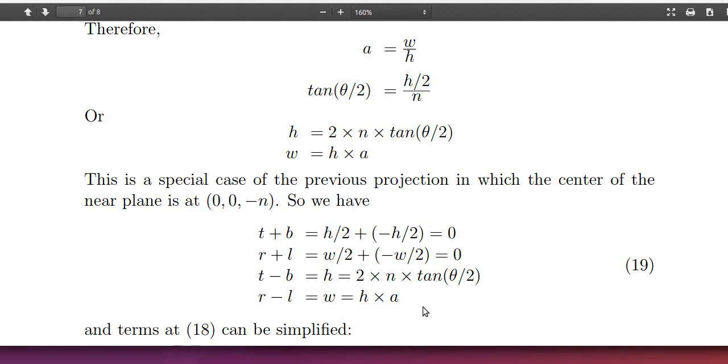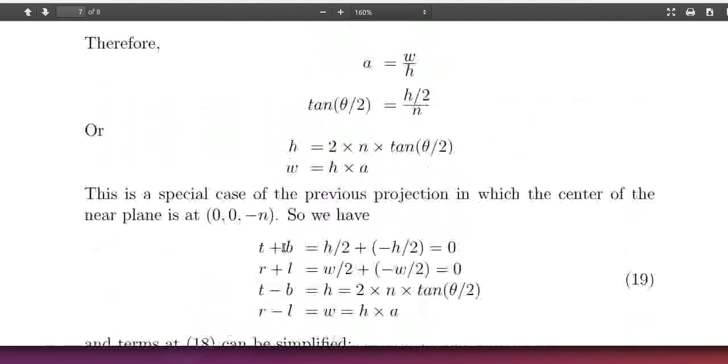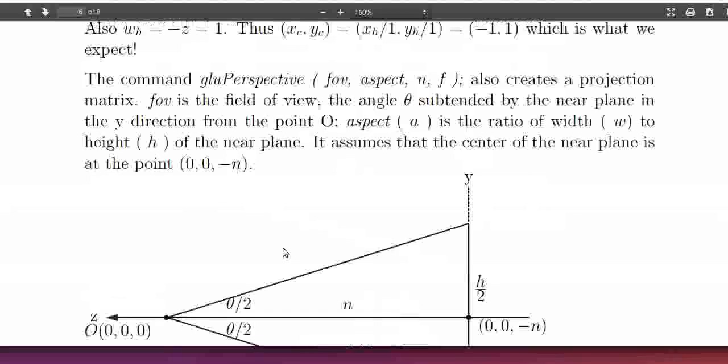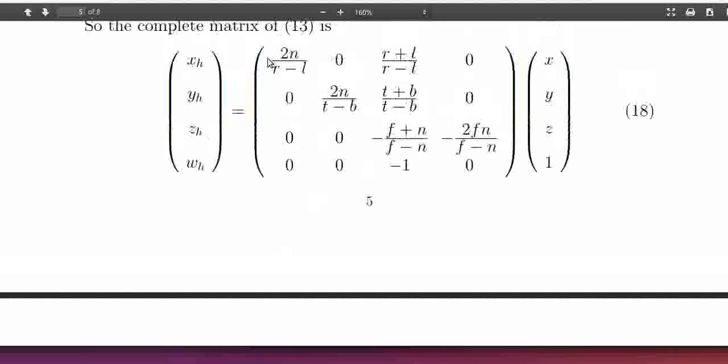And so the terms here can be simplified because R plus L is 0, so this becomes 0. T plus B is 0, so it becomes 0. So we have these terms, 2n over R minus L. R minus L is the width, and T minus B is the height.